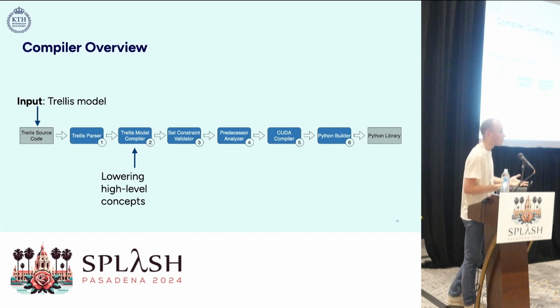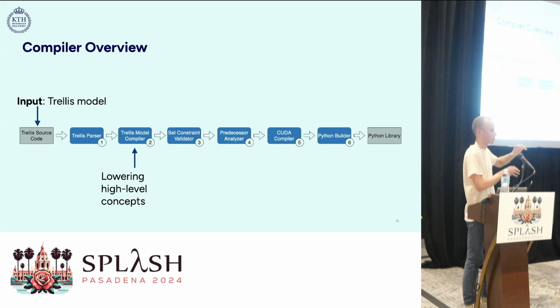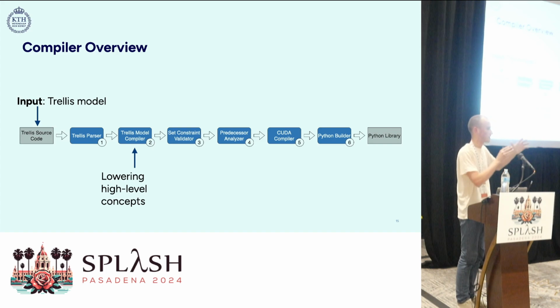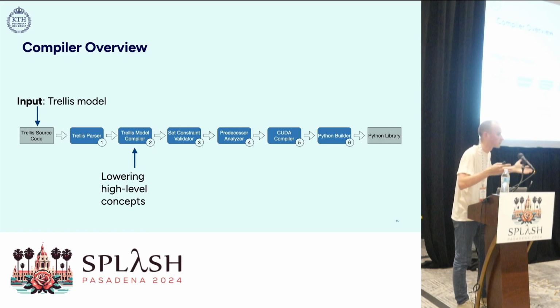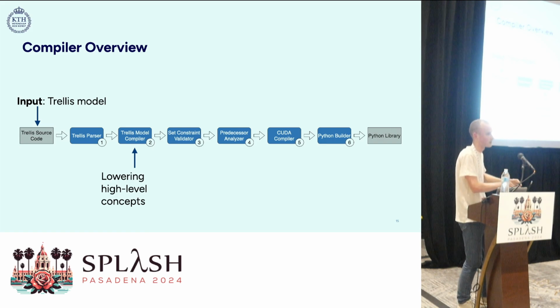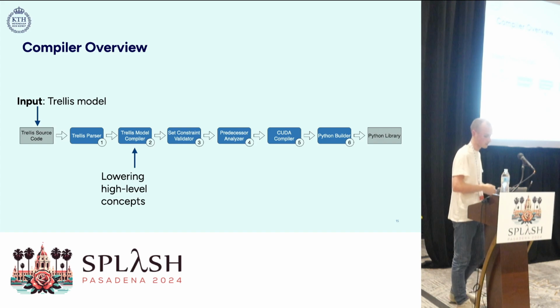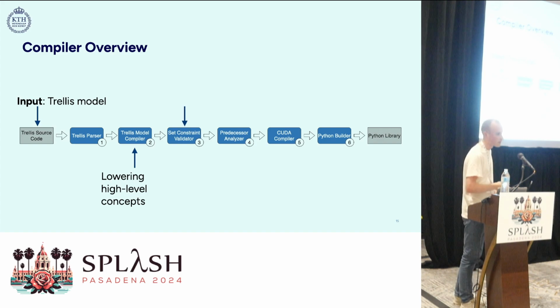The Trellis model compiler lowers high-level abstractions, such as the type of a state, because we can reason about it as a tuple of multiple abstract types, but this lowers it down to integers for efficiency reasons. Then we have the set constraint validator, where we validate certain properties on the set constraints.